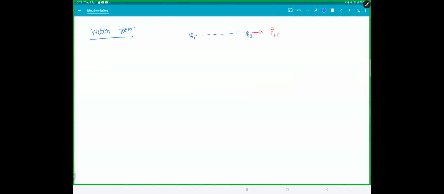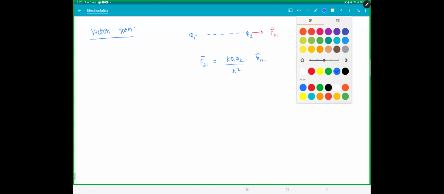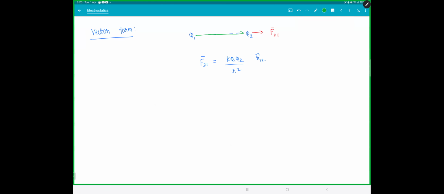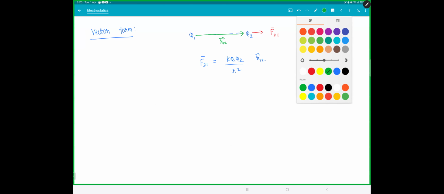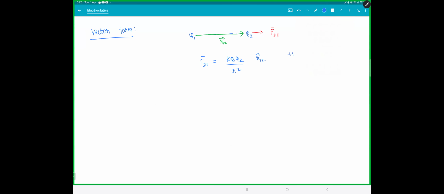So this can be written as F21 will be K, Q1, Q2 by R square, and the vector will go from 1 to 2. So we are looking at a vector which is going from 1 to 2. This is your vector R12 bar. Right? So here the positive force indicates repulsion. Remember, positive force, negative force doesn't mean one is bigger and one is smaller. If you get a negative force, it means attraction.